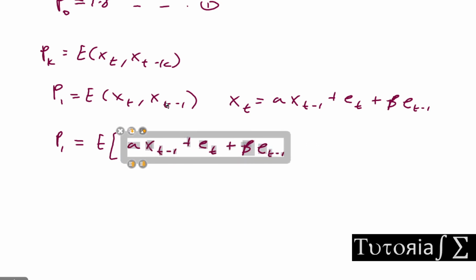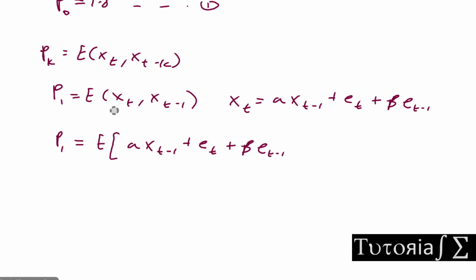Which is our xt times our xt minus 1. Okay, so we distribute that. We have row 1 being equal to the expectation of, so this times that will be alpha xt minus 1 squared, right?